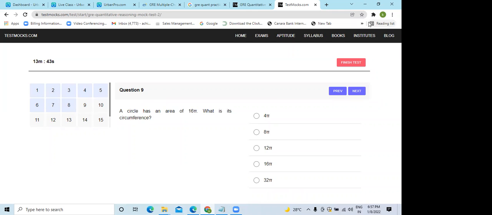8 pi, sir. One is to... 1:2? 1:1. 3 squared, 9 squared. Six, sir.